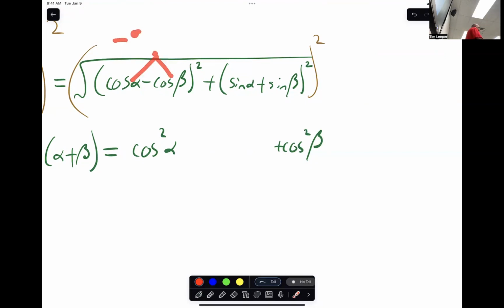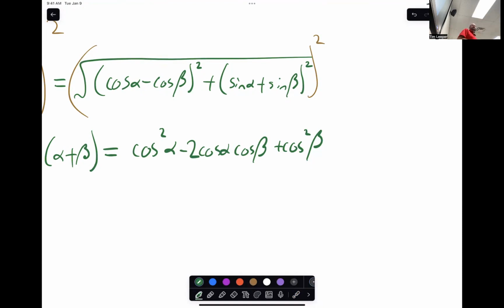Well, it's negative cosine alpha cosine beta, right? Double the coefficient, that makes that minus 2 cosine alpha cosine beta. So cosine alpha minus cosine beta all squared is cosine squared alpha minus 2 cosine alpha cosine beta plus cosine squared beta.